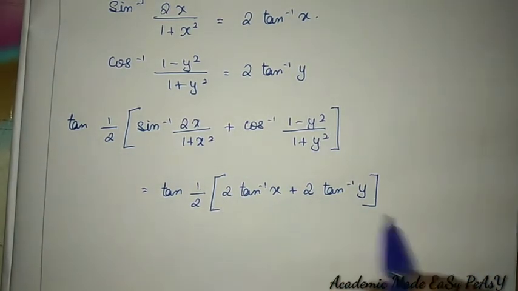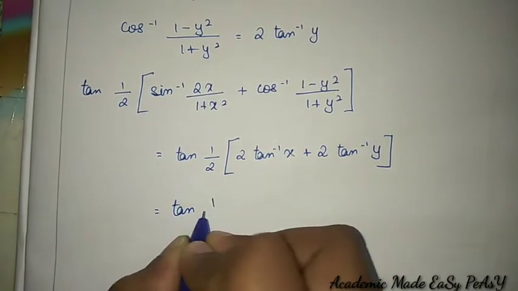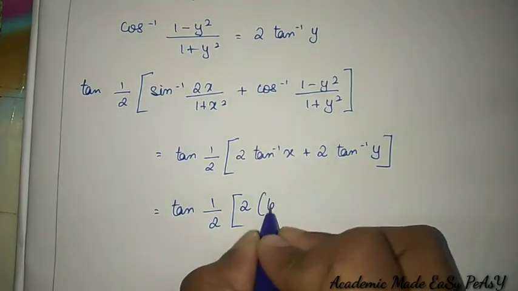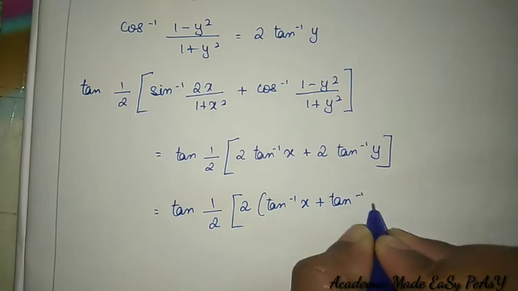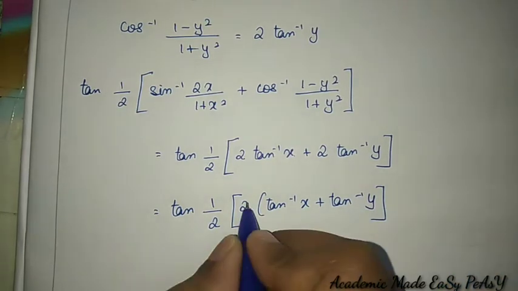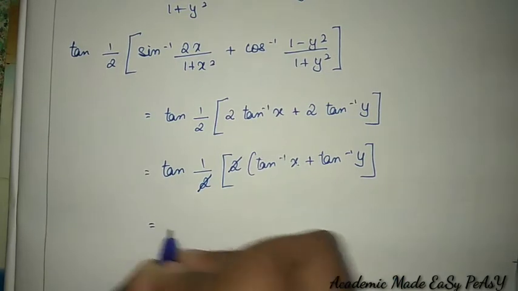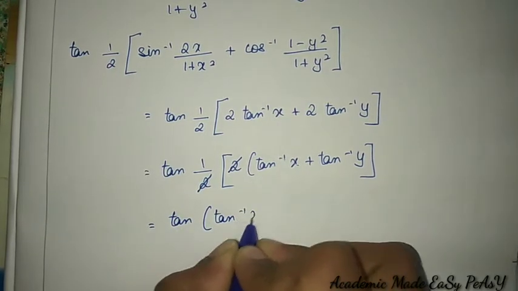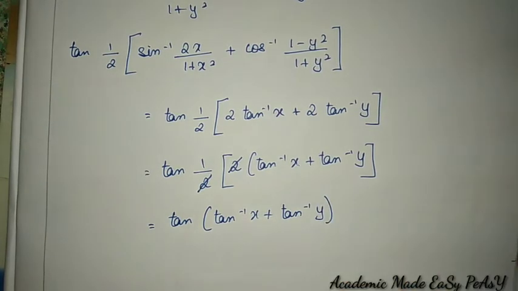I will take 2 common out, so I will have tan of 1 by 2 into 2 times tan inverse x plus tan inverse y. The 2 and 2 will get cancelled, so I will have only tan of tan inverse x plus tan inverse y.